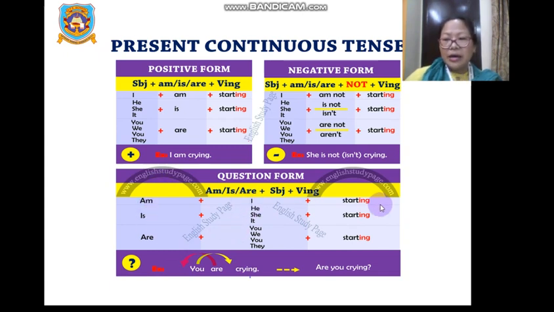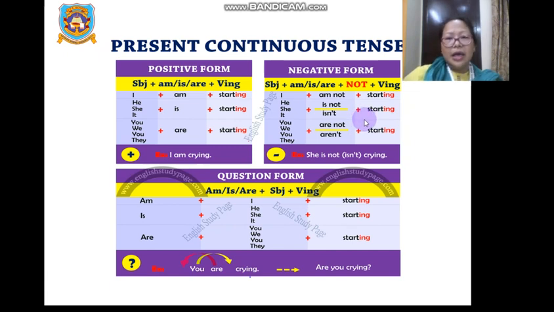Am I starting? When we are asking a question in a present continuous tense. Are you starting? Are they starting? So here the position of the subject and am, is, are is changed. But in a present continuous tense, we need to remember that the verb will have the ing form.